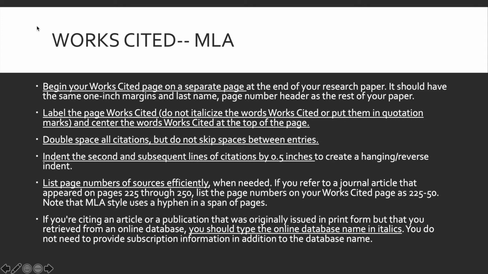The things I want to remind you about MLA citations is that they are also double spaced. Your citation should also be double spaced. They also use what's called a reverse indent. And so with that, you have the first line that's lined up with the margin, and all of the subsequent lines are indented. That's different than what you would see with a paragraph. It's in fact the opposite, and I'll show you what that looks like in just a moment.